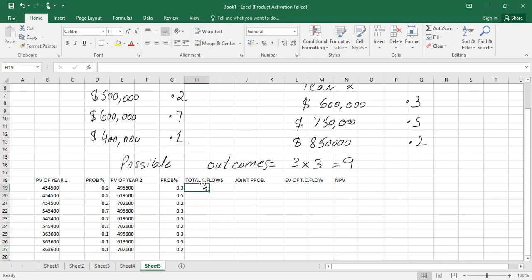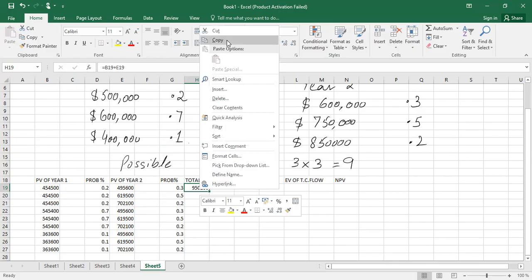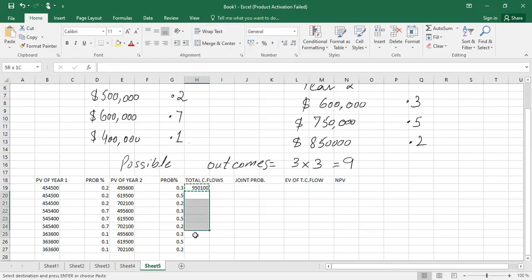Now total cash flows. This plus this. This is the total cash flow. So if I copy and paste this formula over here.